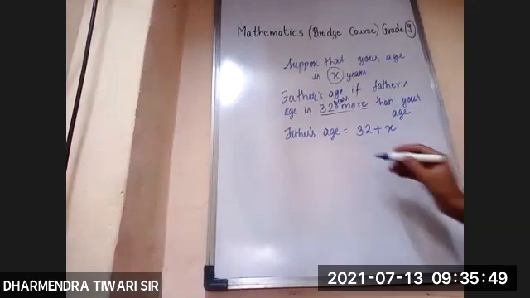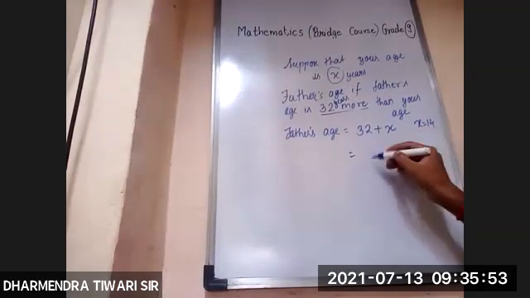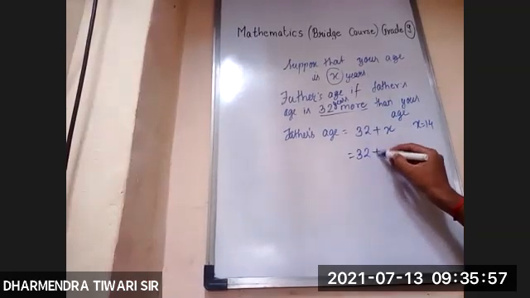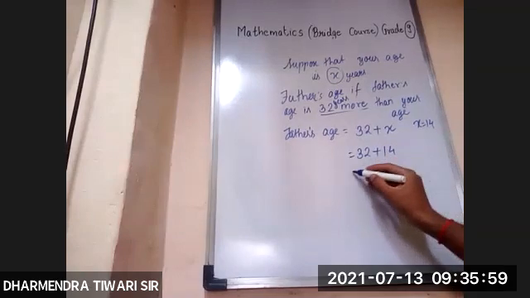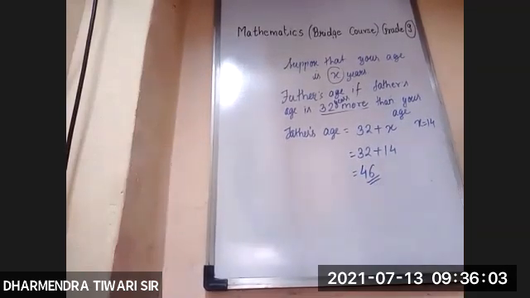Say if your age is 14, that is x equal to 14, just substitute the value of x. 32 plus 14. What's the answer? It is 46. Okay. So we are going to deal with this type of problems.